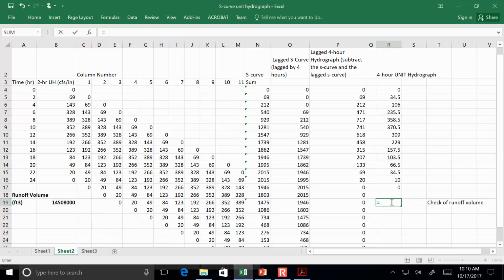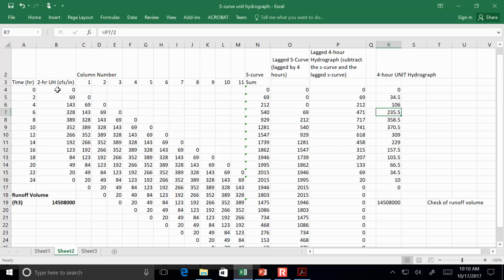So the formula for checking the volume was the sum of all of these multiplied by 2 times 3,600. And the runoff volume is the same, 14,508,000 cubic feet.